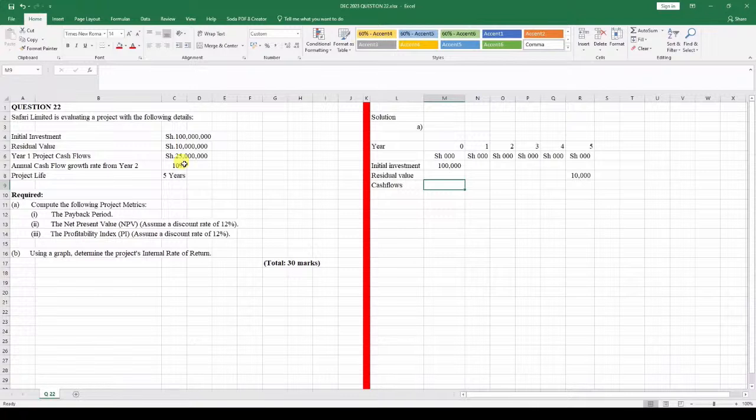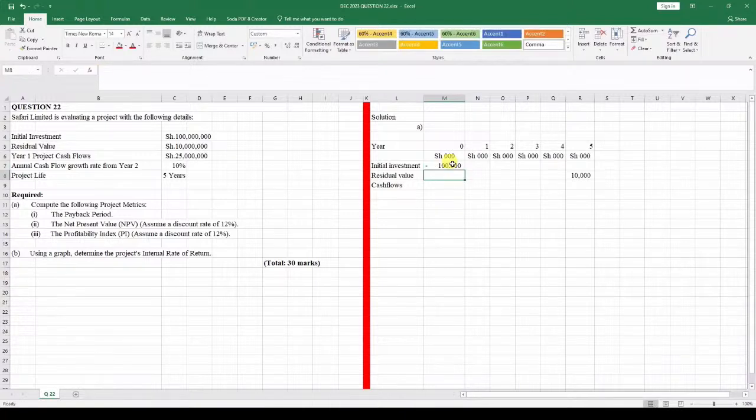So this is, of course, the initial investment, so we can put a negative value like this. I just put negative, enter, and it appears, showing that it's an outflow.